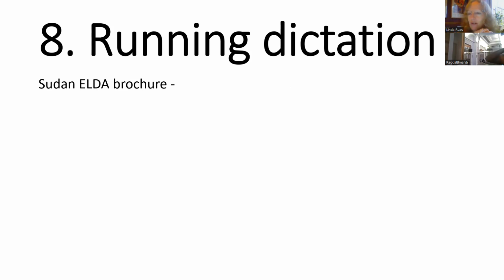I asked the committee to bring a piece of paper, and if the committee members are there with their piece of text, I would like the committee members to stand along the sides of the room with your piece of paper. And then I want one person from each table to run to the piece of paper and get a chunk of language in your head, just maybe 3 or 4 words, and then run back to your group and dictate to them.